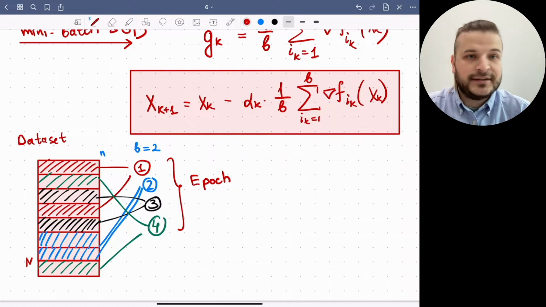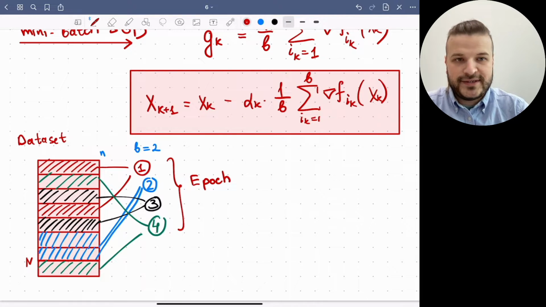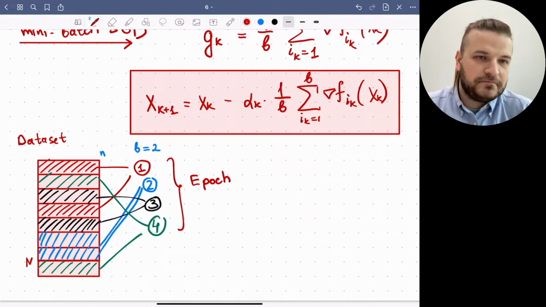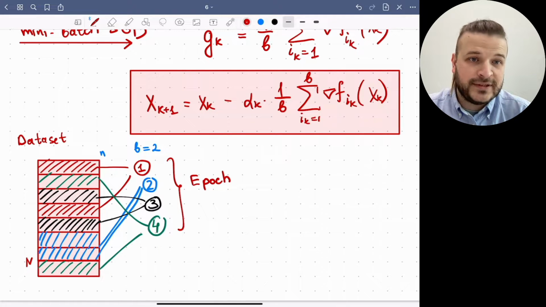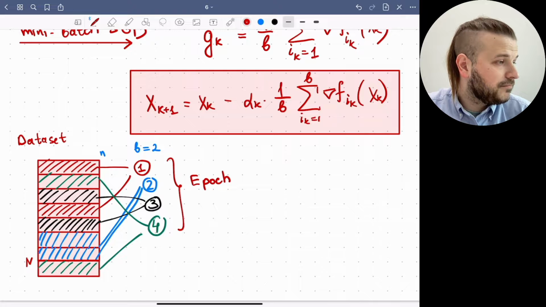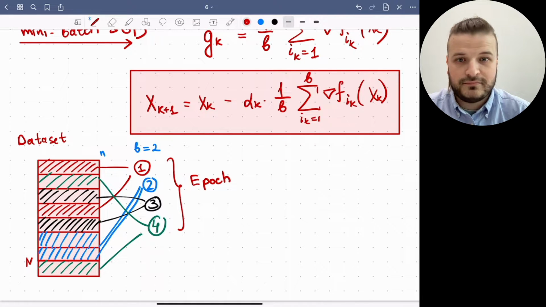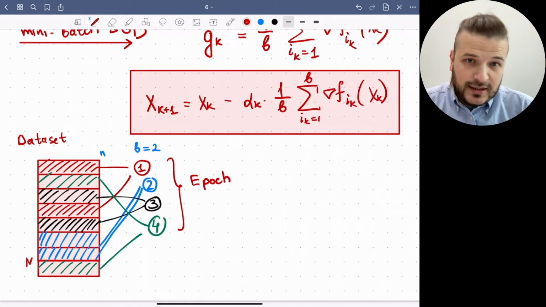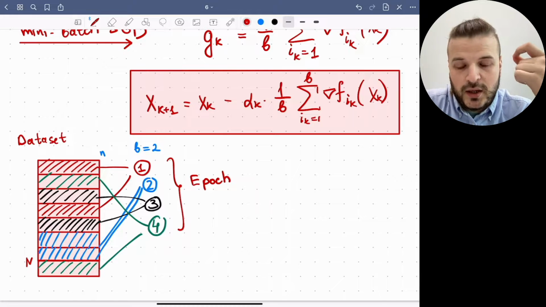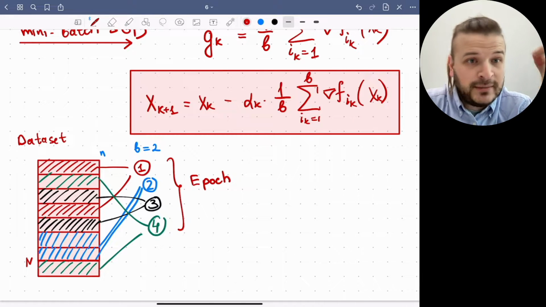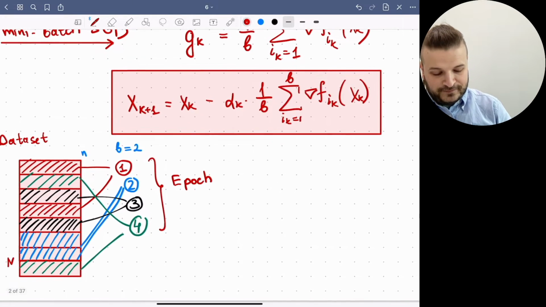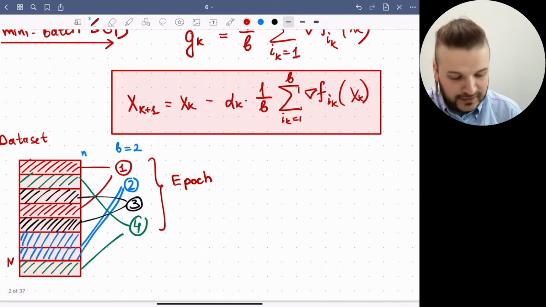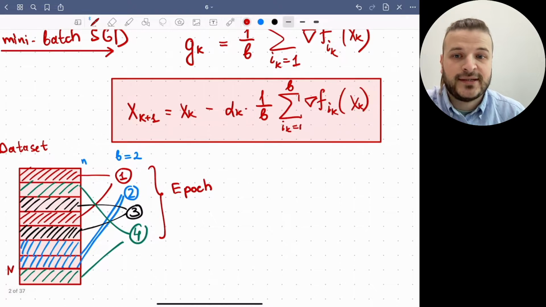That's just a convenient notation to present in reports and papers. What matters here is the number of iterations, obviously. Okay, so we have an epoch here, we have a batch, right? That's the number of iterations.